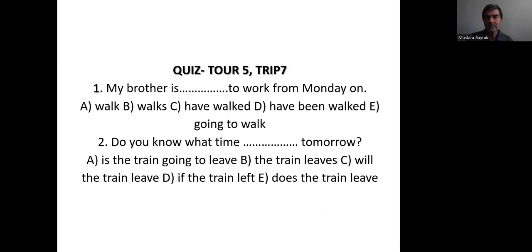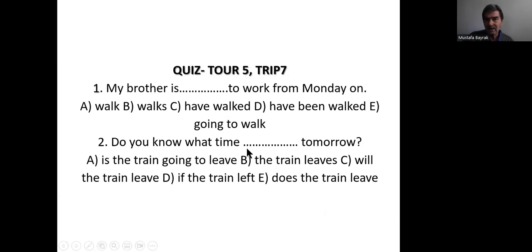Okay, do you know what time blank tomorrow? What time? We need a sentence, not a question. So let's eliminate A in the first place because it's the question form. Then C is the question form. We eliminate it. So let's concentrate on B and D. Automatically E is also incorrect, because it starts with does.